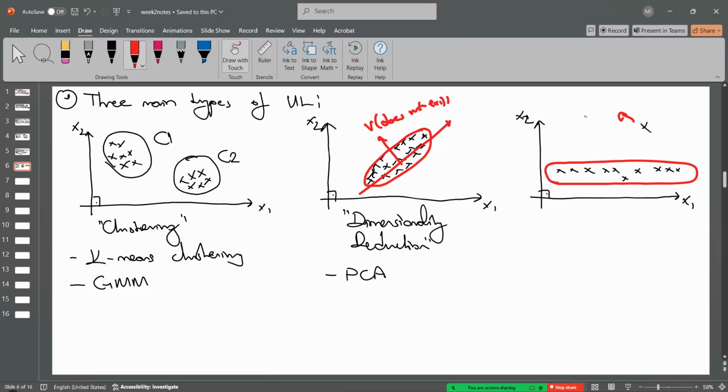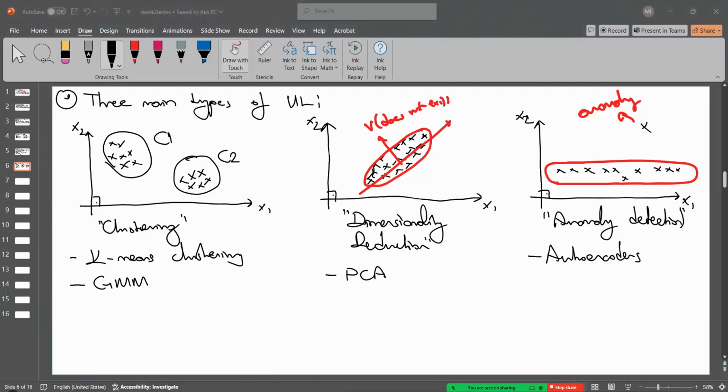But this one is the anomaly, which means that we can detect the anomaly using unsupervised learning. Maybe autoencoders or variational autoencoders can be examples of this kind of learning technique. Okay? Any question?